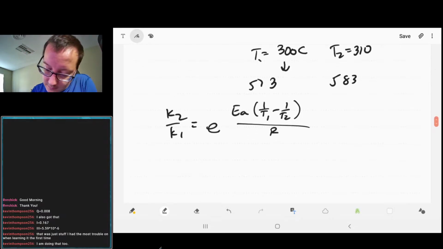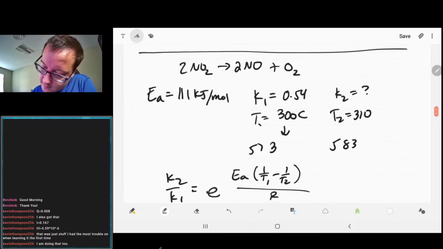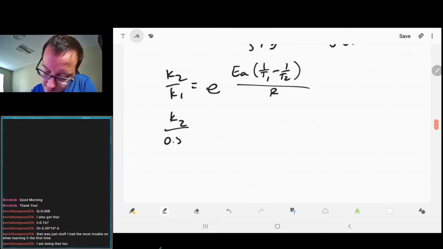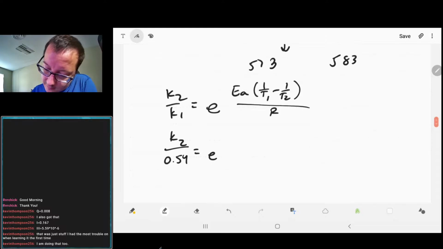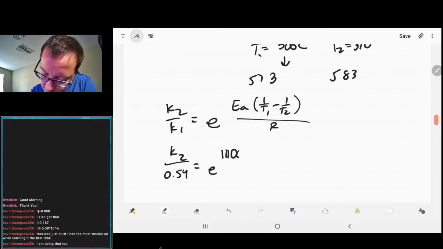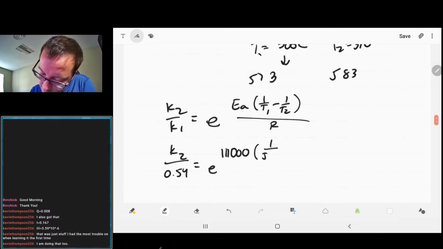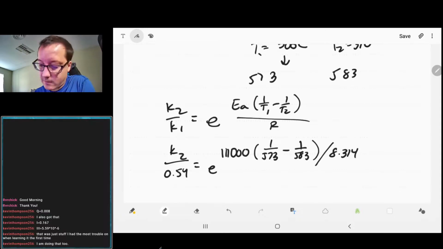So we can solve this. 0.54 e to the 111,000 times 1 over 573 minus 1 over 583 divided by 8.314.